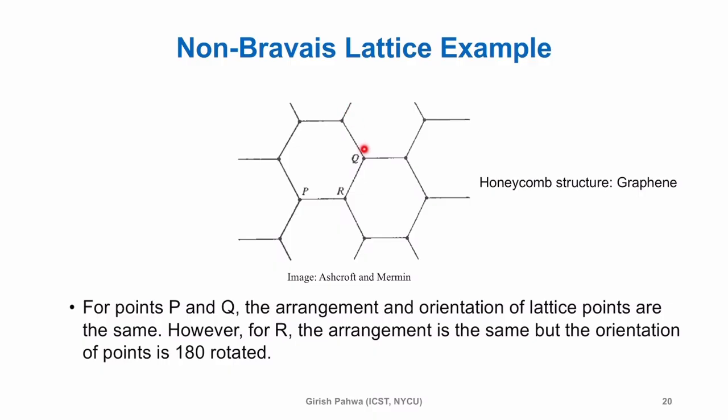It's 180 degrees. When I sit at R, I don't see any point in this direction. I see a point in this direction. But in this case, I see this point in the opposite direction. So it's like a 180 degree rotated arrangement. It's not a Bravais lattice. So you have a similar arrangement, but not exactly the same. It's a lattice, but not a Bravais lattice. So you won't be able to apply the Bravais lattice position vector equal to n1 a1 plus n2 a2 plus n3 a3 in this case.